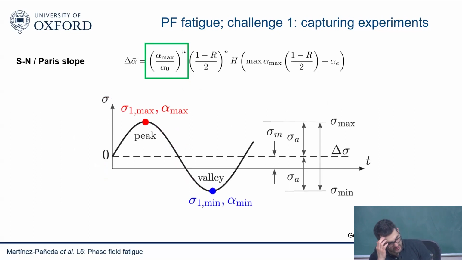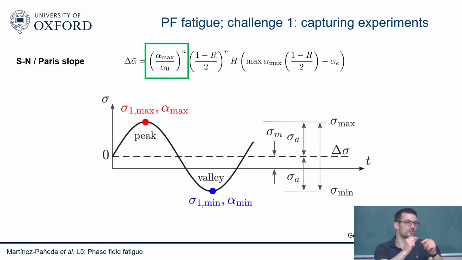Initially we solve maybe 10 increments per cycle, so you solve the entire cycle. But it's true that you only accumulate damage in the tension part, and this is something that we'll discuss in a minute, because the different splits depend on which split you accumulate. Griffith will accumulate in the tension and compressive part. But of course, in reality, we only accumulate in tension.